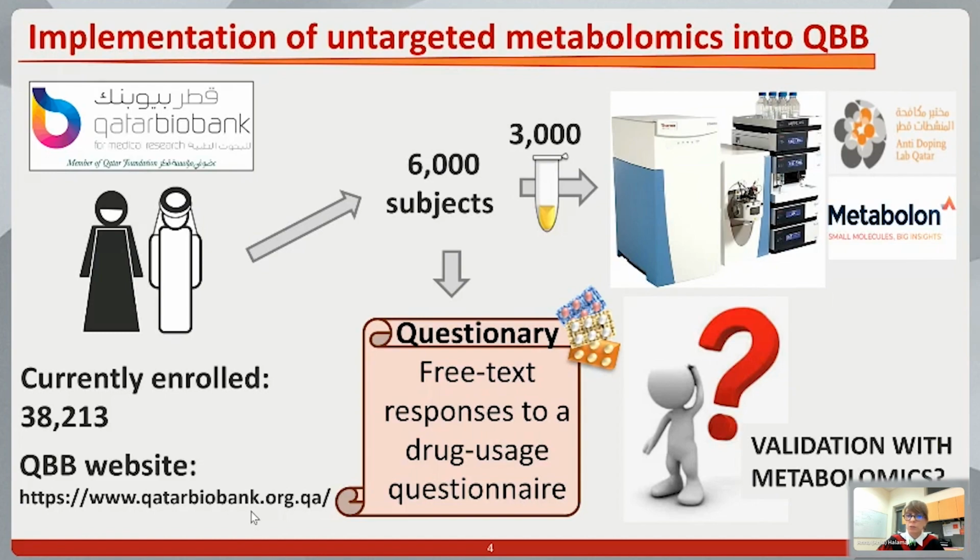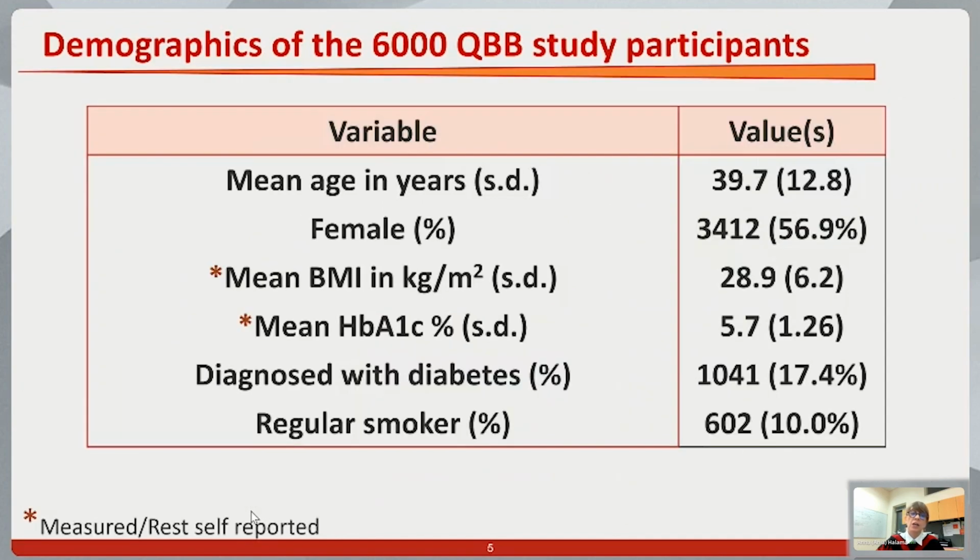Yet it's important to say that not necessarily all responses to the questionnaire are accurate, and there might be several biases. This is the reason why we thought about whether we can use metabolomics to validate the questionnaire answers. Before we go to the metabolomics measurements, I would like to just shortly introduce you to our population of those 6,000 QBB participants.